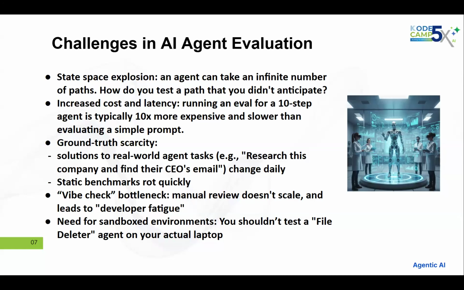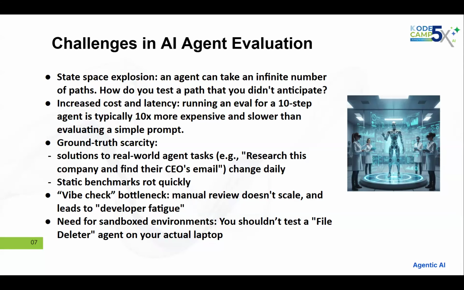That means you need to know all the possible paths it will take for a given prompt, and then evaluate all those paths. If the number of paths becomes so large, it may become cumbersome to do the evaluation, and you may miss some of the paths. If you didn't anticipate that the agent would take a path, you wouldn't test it. And so that's a challenge: state space explosion.